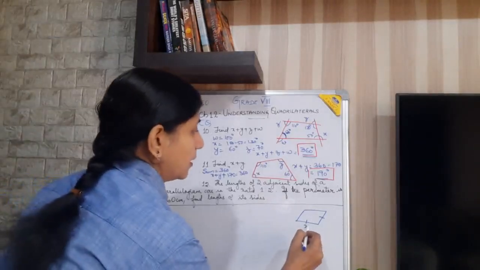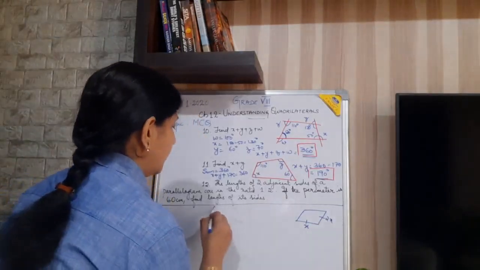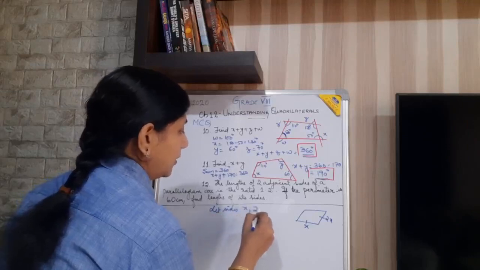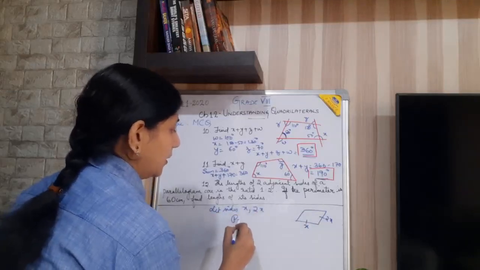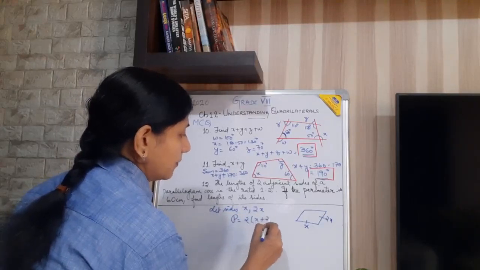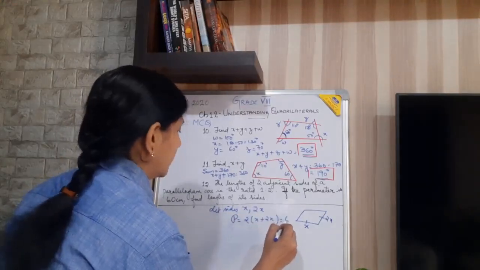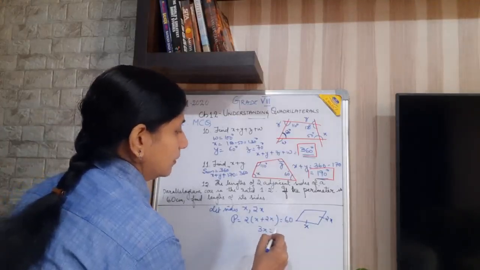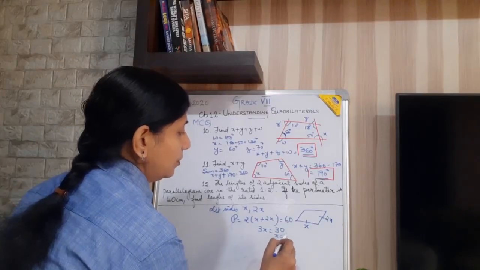Let the sides be x and 2x. So perimeter is equal to 2 into x plus 2x equal to 60, it is given. So x plus 2x is 3x, 3x is 30.